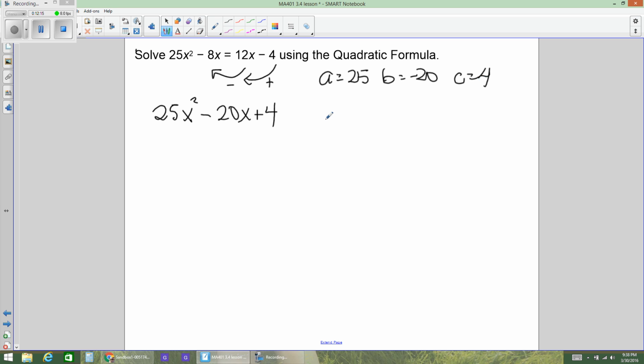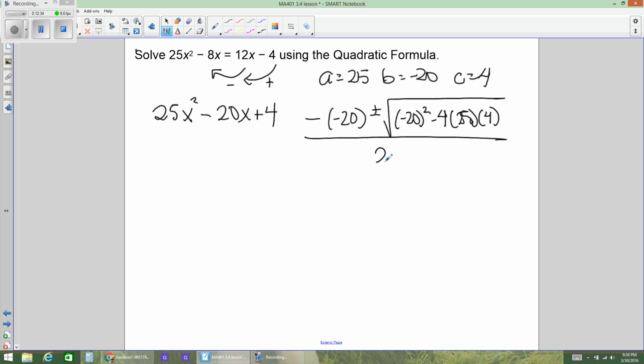Let's see here. I'm going to sing. X equals the opposite of B plus or minus the square root of B squared minus 4AC all over 2A. Alright, got it all plugged in.